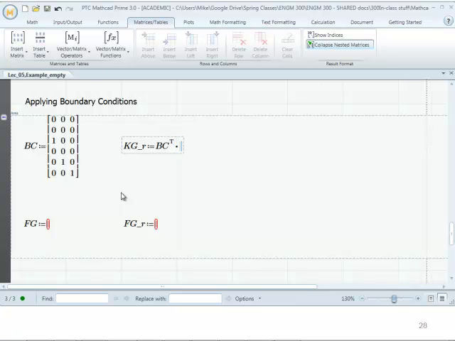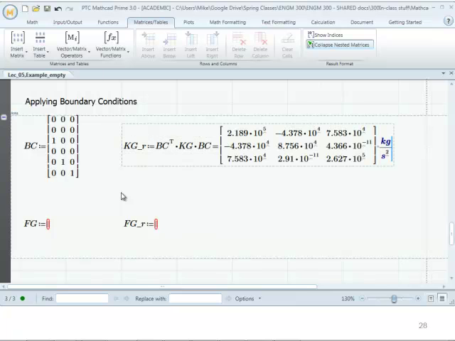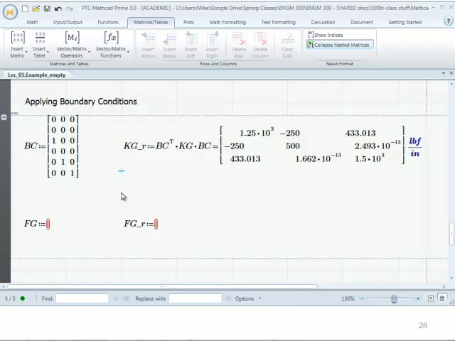Right? Times our global stiffness matrix, and then times our boundary condition matrix non-transposed. Whoops, without the minus sign. To get this guy. All right, so now we have the reduced form of our stiffness matrix.